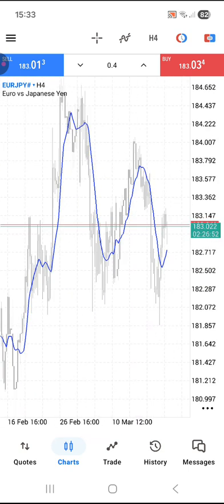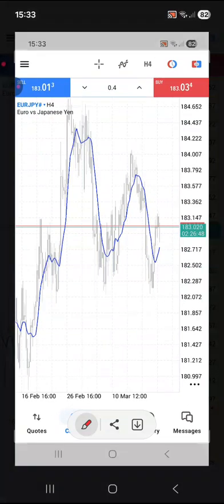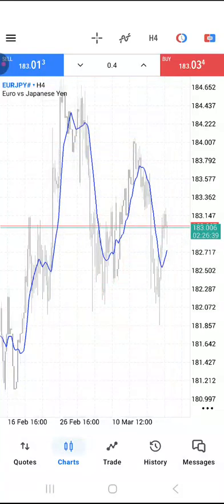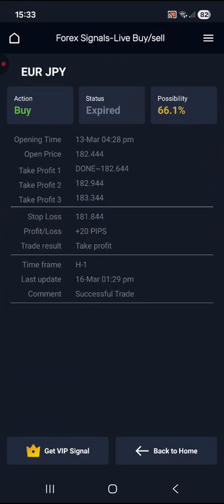We only buy it when it's below that blue line on the 4-hour chart. So this is a no buy. You can actually take a screenshot like this and send it to me also. That way you have clarity in your mind.